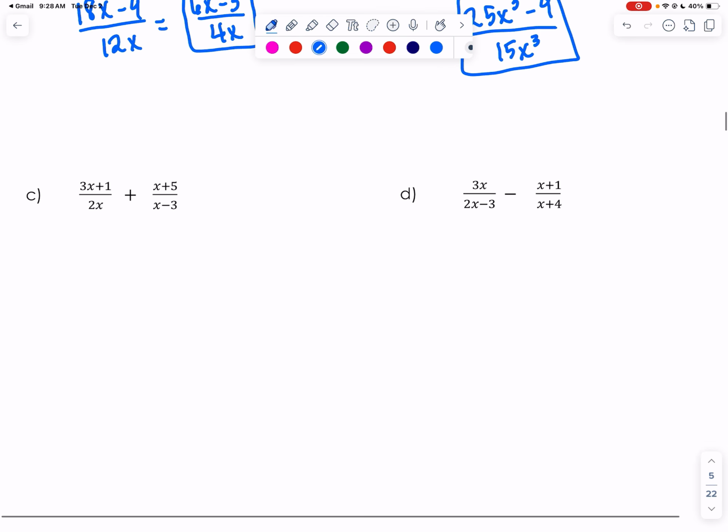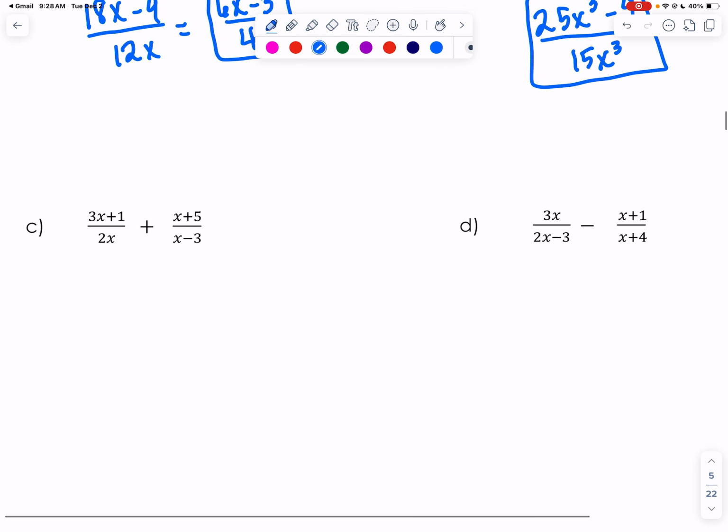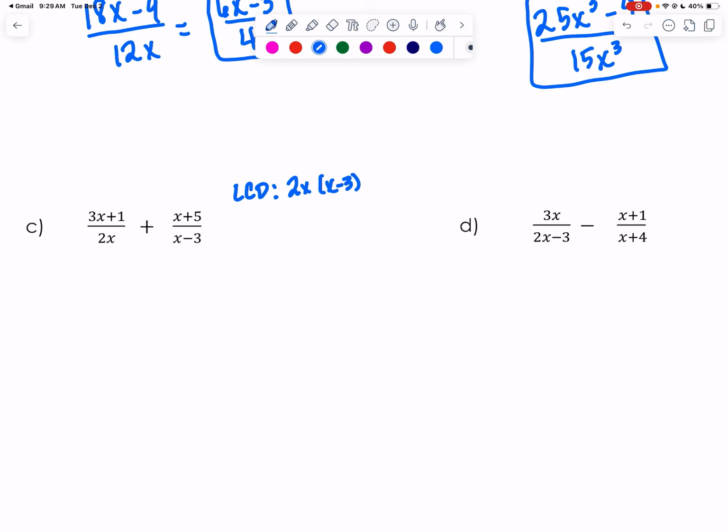All right, problem C. 3x plus 1 over 2x plus x plus 5 over x minus 3. Now, to get our common denominator here, we're just going to use both factors, 2x times x minus 3.